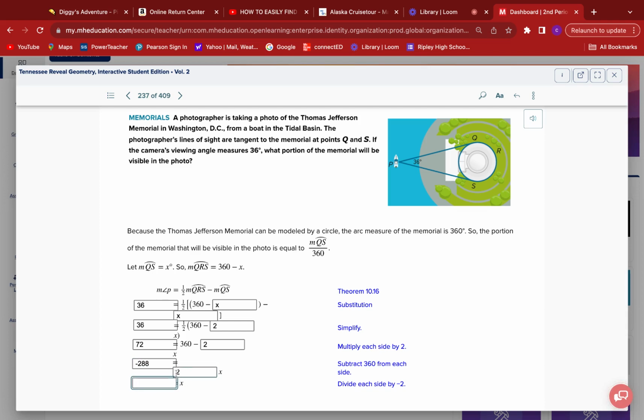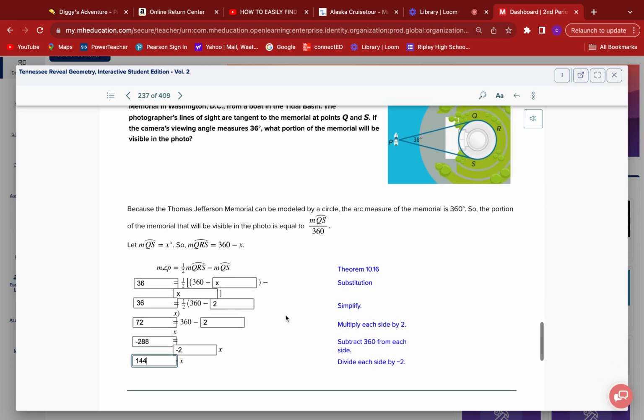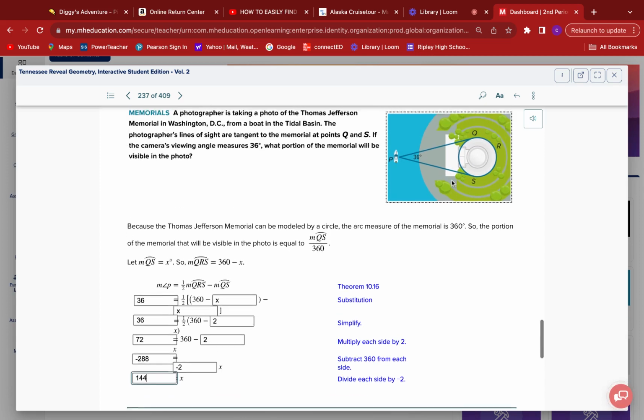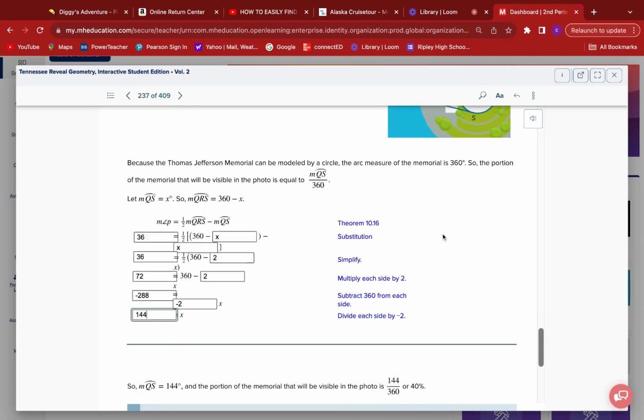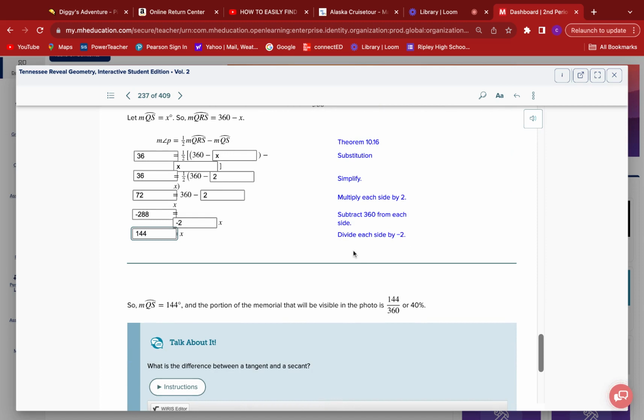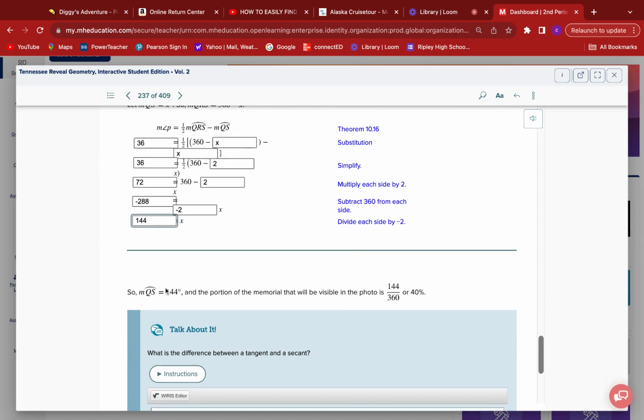So we take negative 288, divide by negative 2, and we get 144. So what you guys just found, make sure you understand, QS is 144. QRS is 360 minus 144. So we got 144 for X.